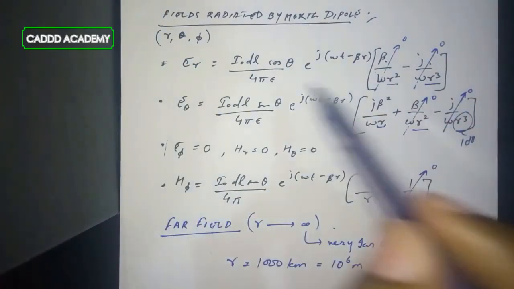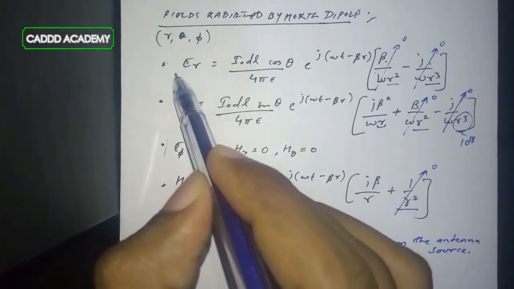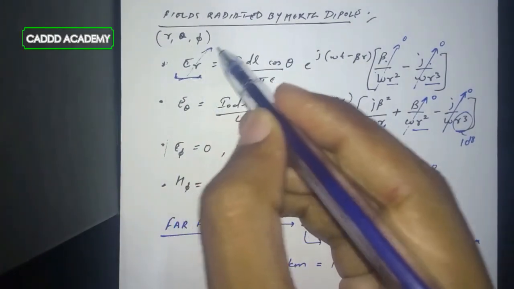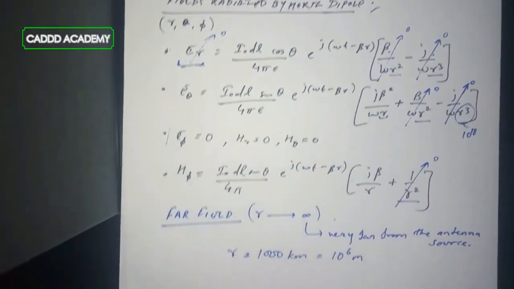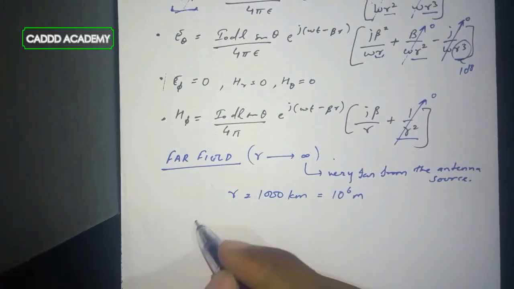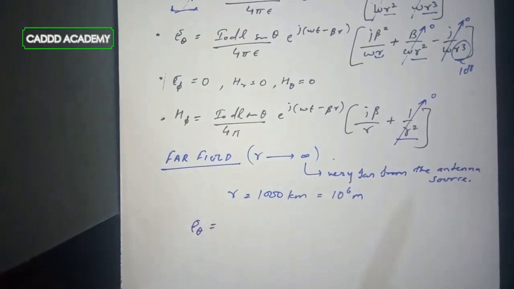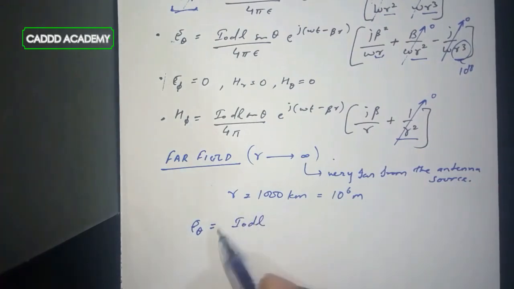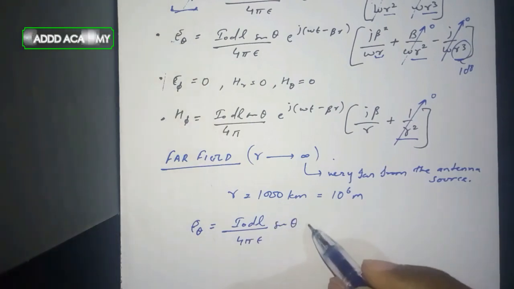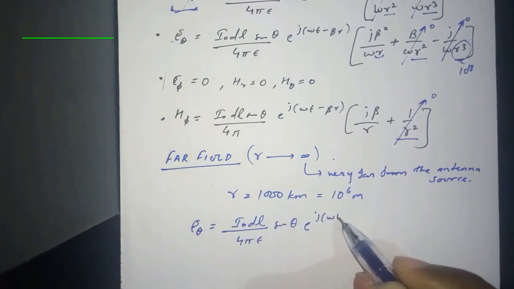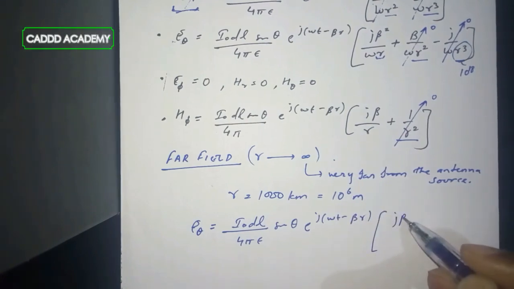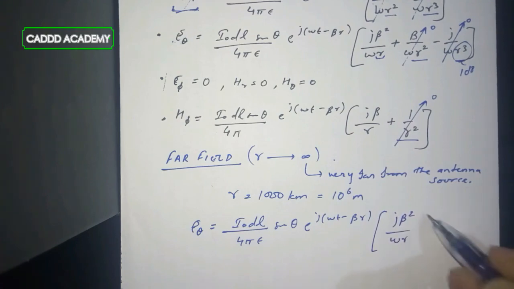So in the far field, the electric field radiation in the r direction will be 0. In the far field we have E theta as I naught dl by 4 pi epsilon sine theta e to the power j omega t minus beta r, then j beta square by omega r.